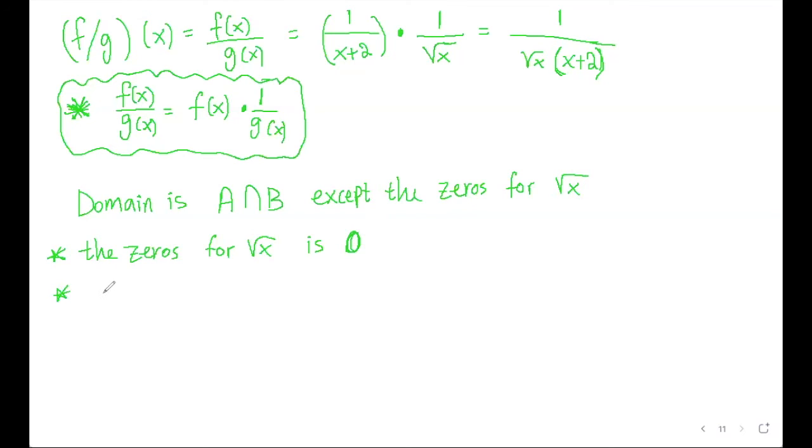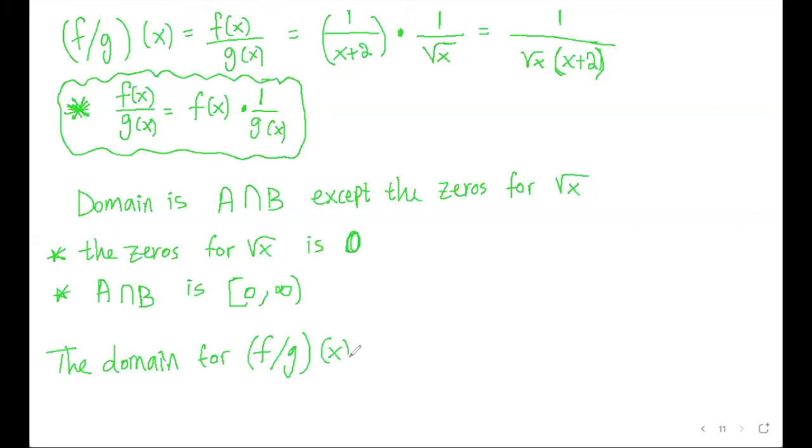The domain A intersect B is the closed interval from 0 to infinity. So we have to remove the 0. So the domain for f over g of x is the open interval from 0 to infinity. We have to remove the 0 from the intersection.